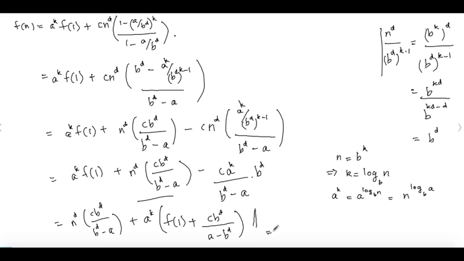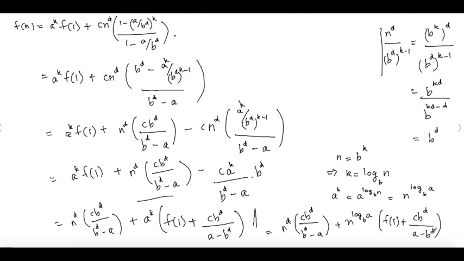Okay, so here we can write it as nd c b^d over b^d minus a plus n to the log_b a times f(1) plus c b^d over a minus b^d.